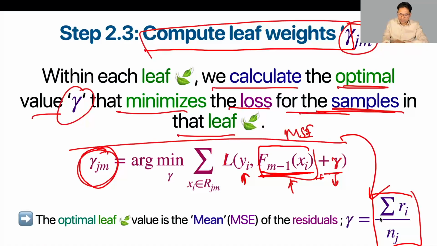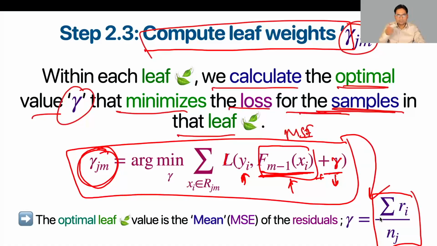This is your generic equation, and this can again vary depending upon how the loss function is defined. So for mean squared error, we defined the loss function, and we found out that gamma_jm is equal to the average of all the residuals on that node. This is for MSE. Okay, so this is what it does.